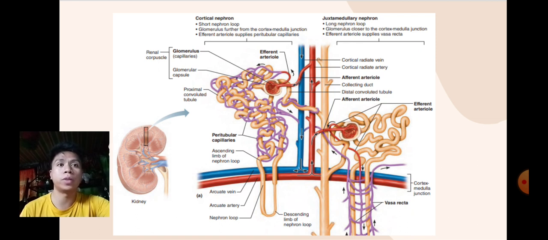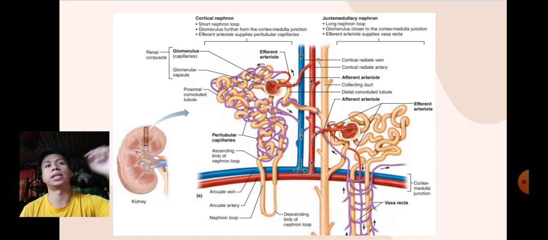Glomerulus farther from the cortex-medulla junction, efferent arteriole supplies peritubular capillaries, while the juxtamedullary nephron is a long nephron loop. Glomerulus closer to the cortex-medulla junction, efferent arteriole supplies vasa recta.